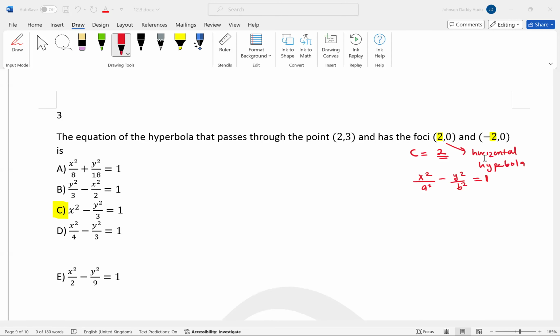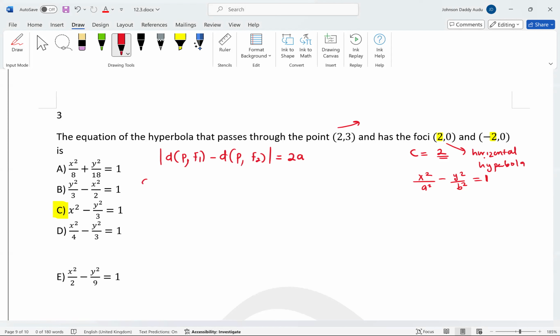So for this one, I think we can use something we know about hyperbola. Since we have a point and the two foci, the absolute value of the difference between the distances from that point to the foci should give us 2a. So it means we can get a from there.